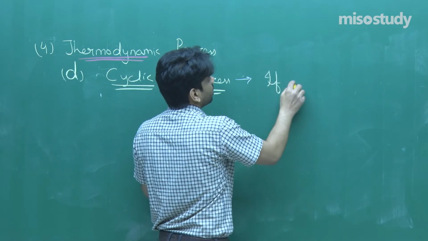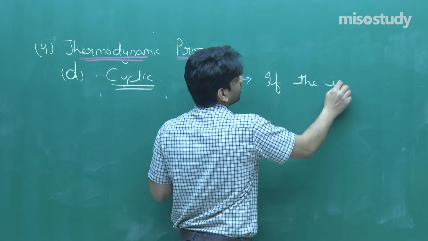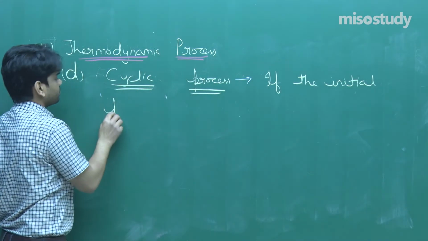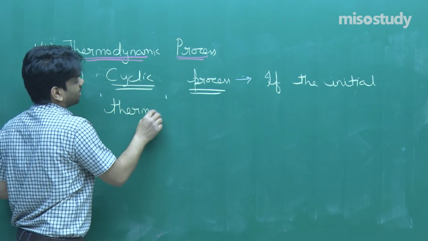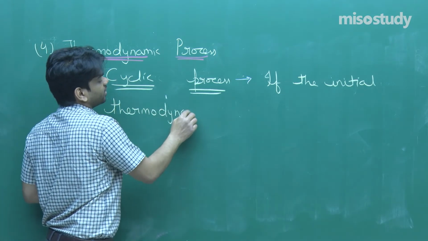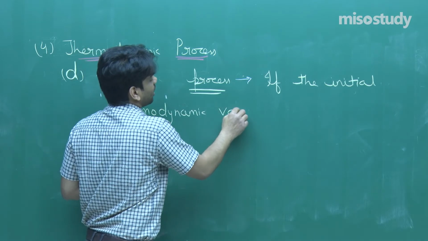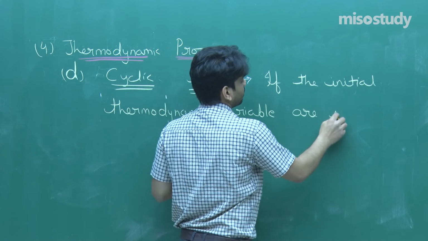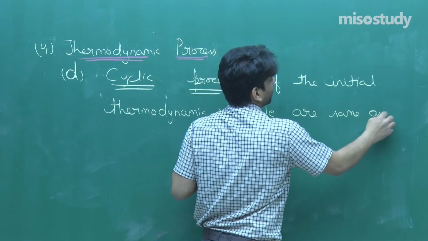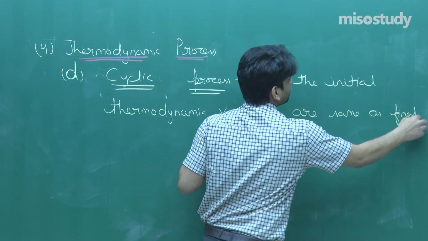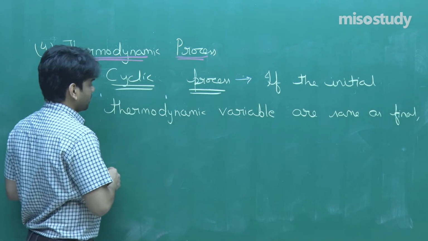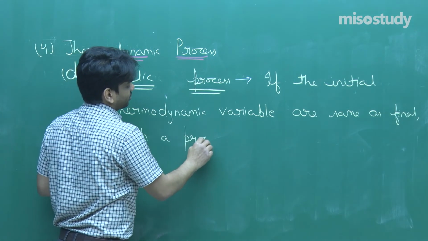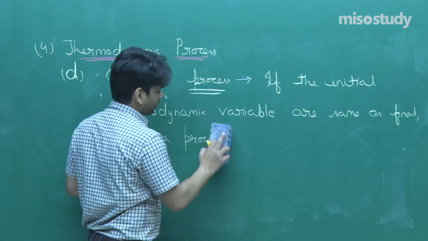So if the initial thermodynamic variables are same as the final variables, such a process is a cyclic process.